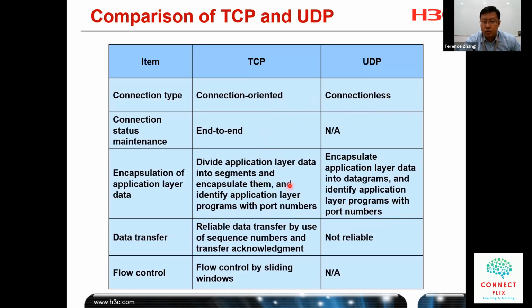But TCP has sequence, UDP has no sequence. And for data retransmission, because TCP has sequence, TCP can do acknowledgment and retransmission, but UDP could not. Flow control: TCP has sliding windows and can do flow control, UDP could not, right? This is the difference between them.